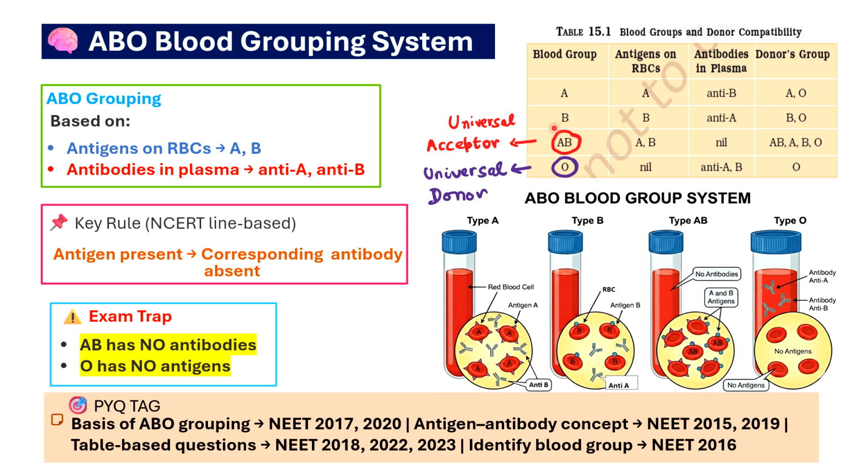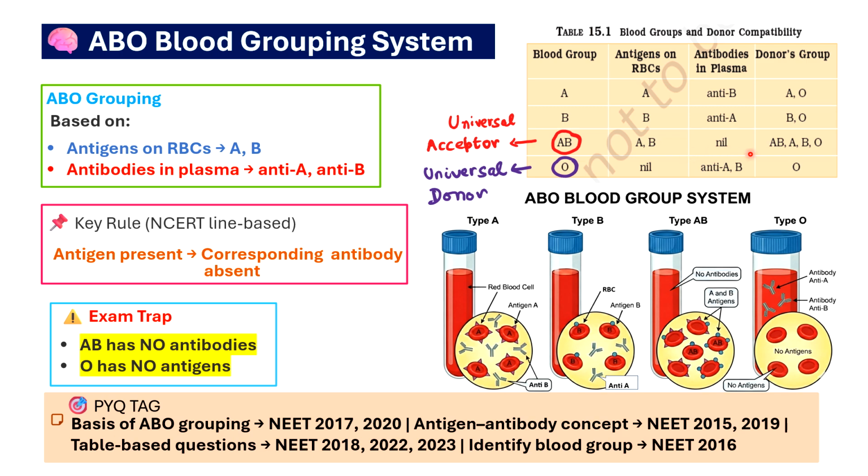Similarly, for blood group B, the antigens present on the RBC would be B type, and the opposite type of antibody, that is anti-A, would be present in the plasma. Clear? Now, the third type of blood group is AB type. Here, both types of antigens would be present on the RBC surface. So it will have no antibodies in the plasma. Why? Because corresponding antibodies should be absent.